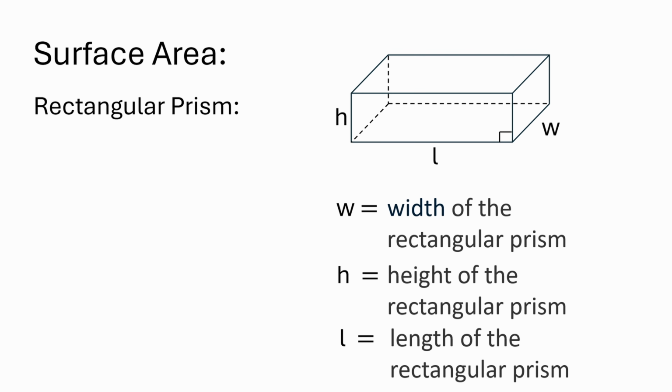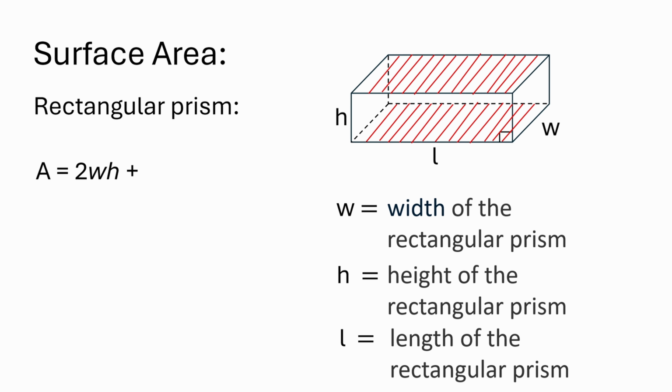A rectangular prism has 6 faces. 2 faces of size w times h. So total surface area is equal to 2 times w times h plus two faces of size l times w.